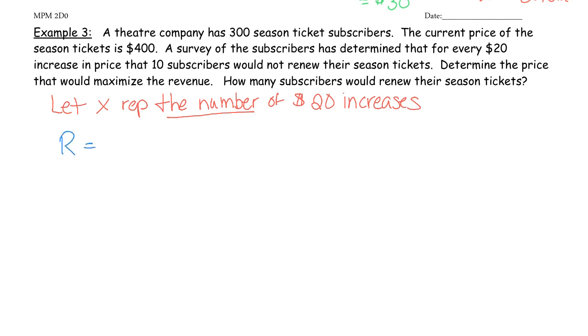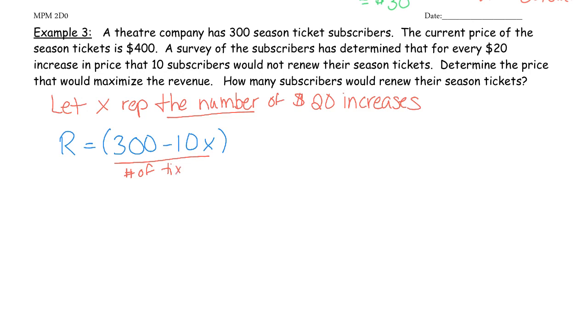So remember, your revenue equation is based on how many we sell times the unit cost. So let's take a look at how many we sell. Normally, we sell 300. Okay, great. But we are going to lose 10 people for every $20 increase. Okay, so again, this part right here is the number of tickets.